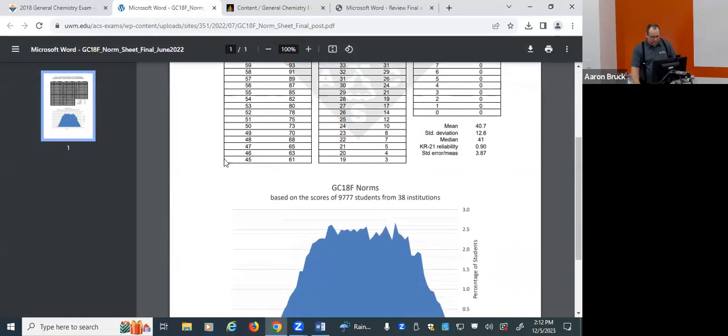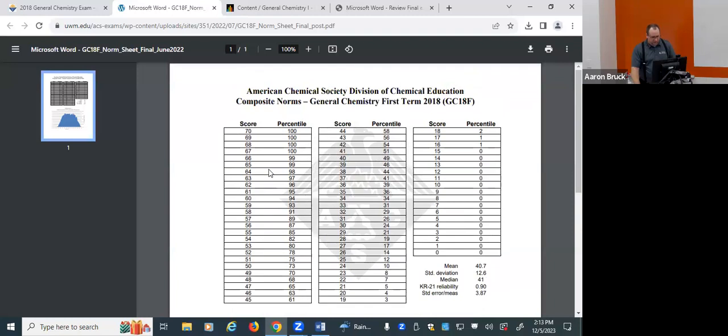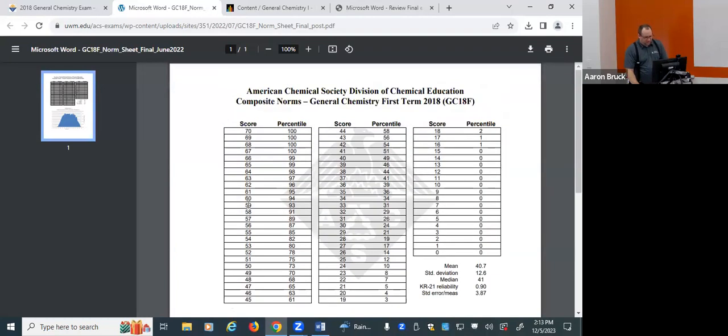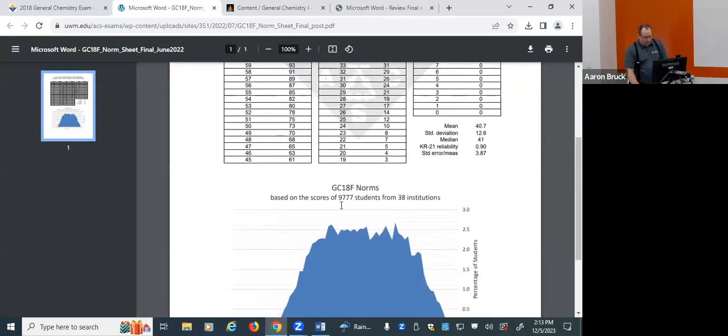I talked about this in the video as well: this is a norming page. It tells us over 9,770 students took the exam during the testing period. This test debuted in 2018, so it's roughly 5 years old.